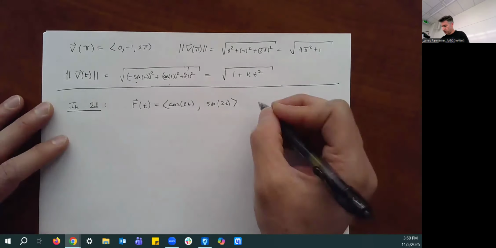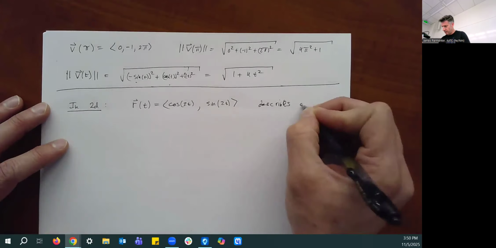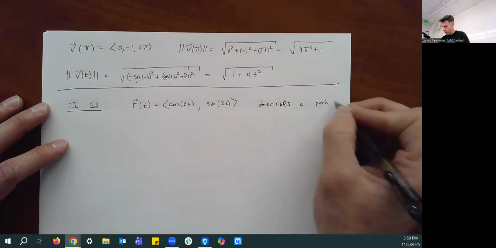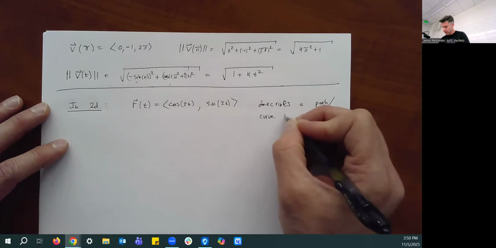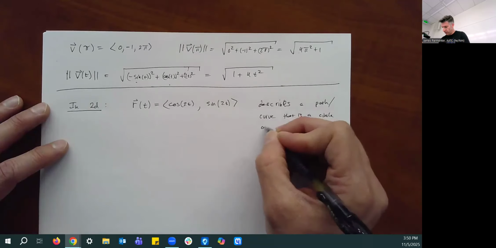So this describes a path, or curve is what I should really say, that is a circle of radius 1.